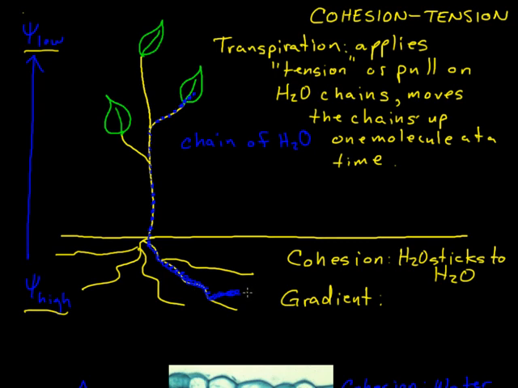And so it, in effect, is pulling the string or the chain of water molecules from the top. Transpiration applies the upward pull on the chains. And this is what allows a tree to move water to much greater heights than 1 meter. In fact, some trees can move water up to heights of 300 feet or more.